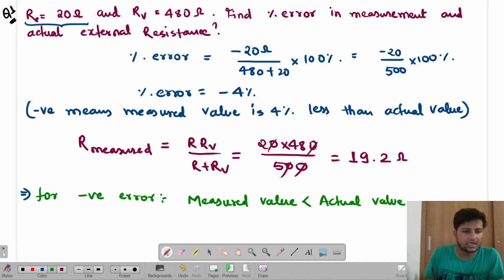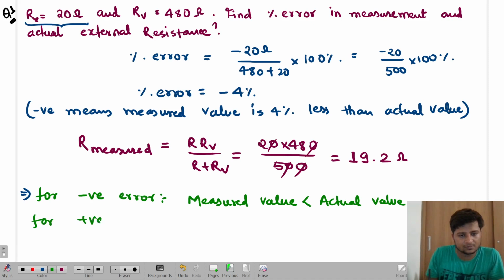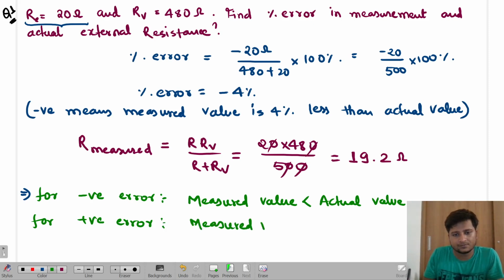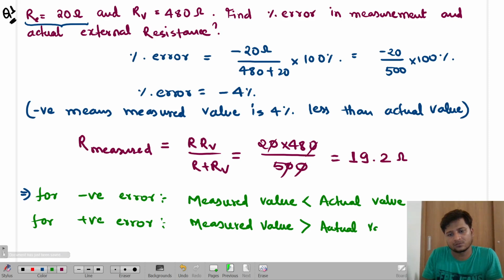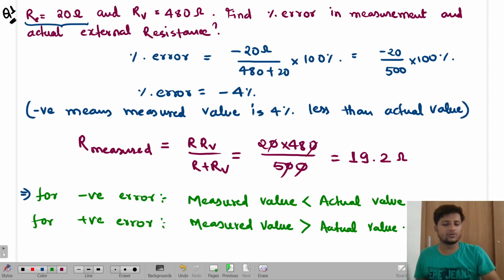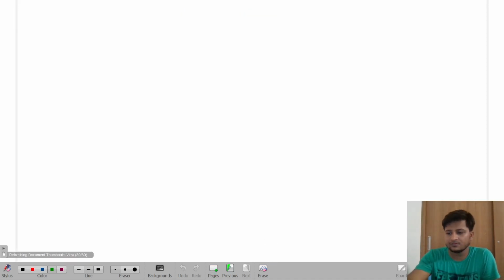And for positive error, the measured value is more than the actual value. Are you able to get me? Is this clear? Okay.